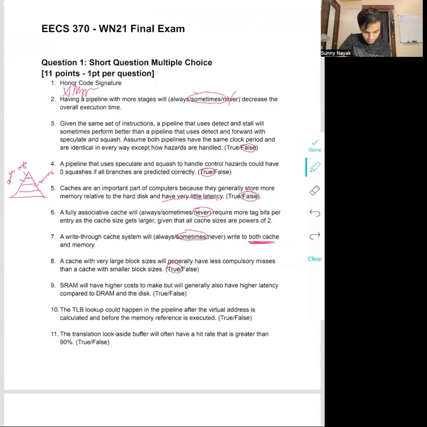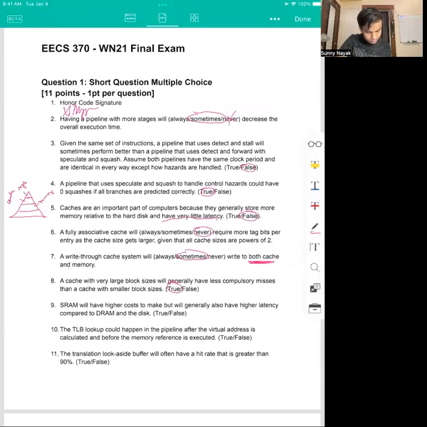So then this question says SRAM will have higher costs to make, but will generally have higher latency compared to DRAM and the disk. So it is true that SRAM, remember, is the memory that tends to be a lot faster, right? And so that's what's used in caches. It is true that this type of memory is more expensive.